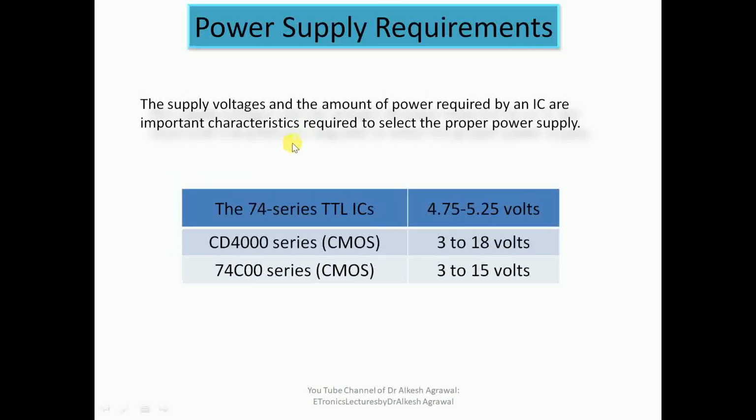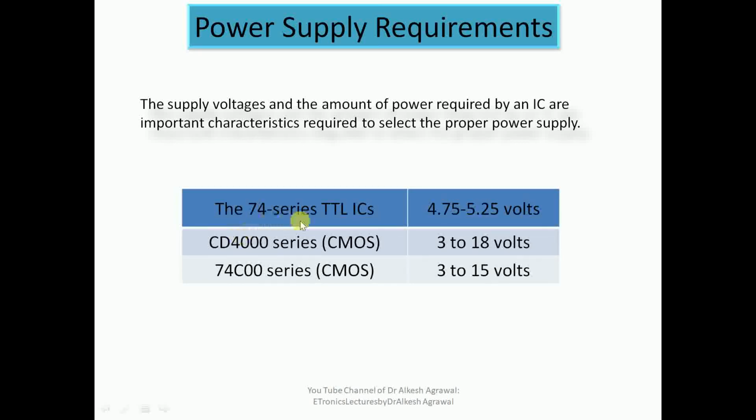Then power supply requirements. The supply voltages and the amount of power required by an IC are very important characteristics required to select the proper power supply. In this table we have some power supply requirements for different IC series. For 74 series TTL ICs, it varies from 4.75 to 5.25 volts.